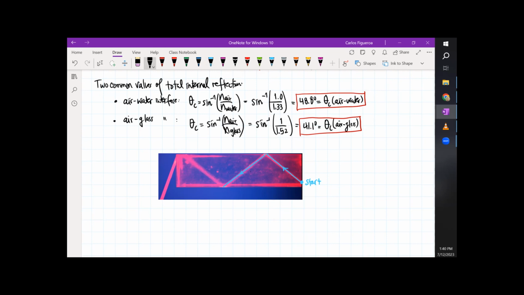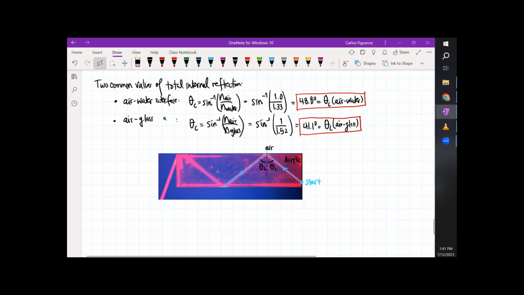So let's say this is air, and this is acrylic. Then if this is my normal, this angle is the same as that angle, but I'm starting from inside.